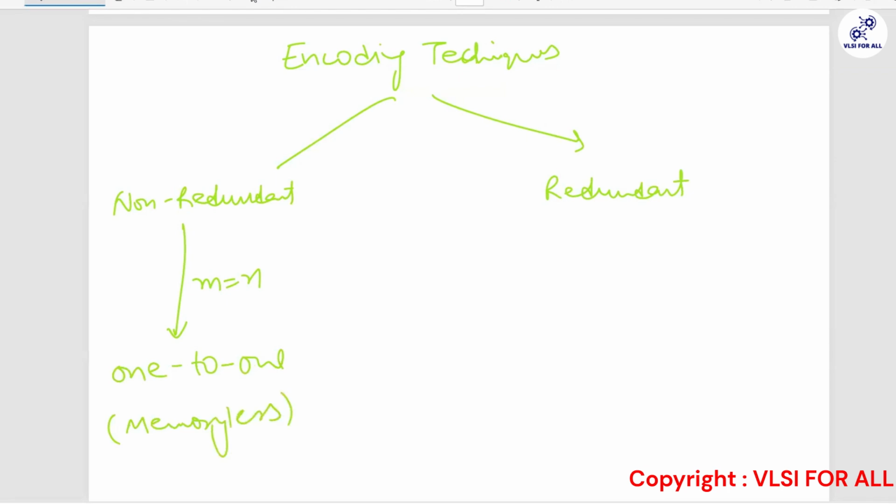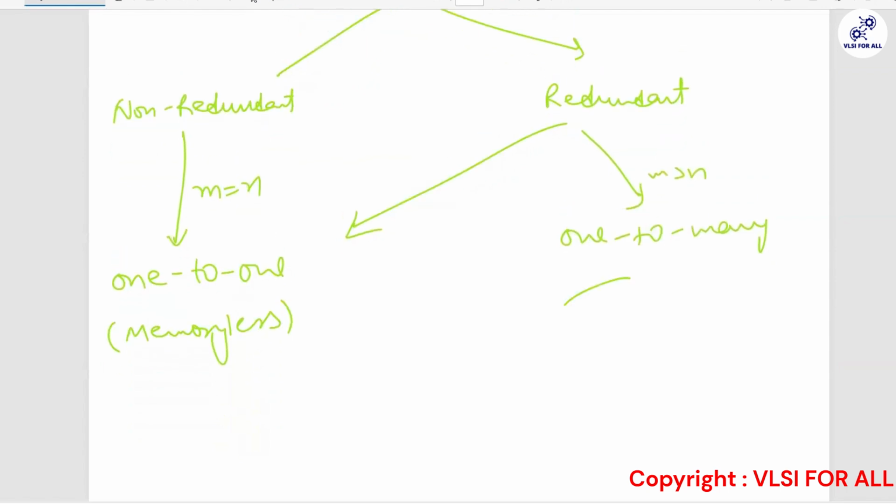Now in the redundant case also, we have two cases. One is m equal to n, so it means that is 1 to 1 map. The other case is 1 to many. In 1 to many, the m greater than n case will come up. And in this also there can be static encoding, that depends on your codings only, and dynamic encoding.